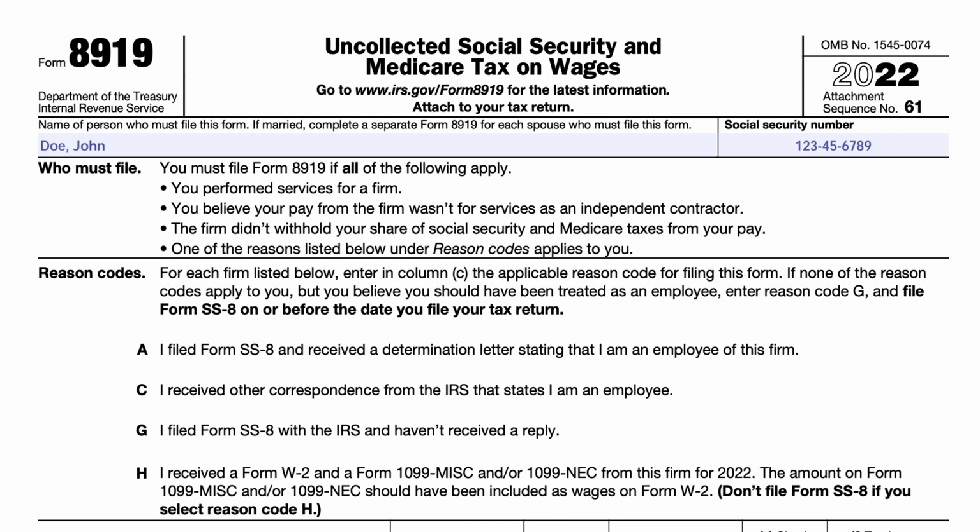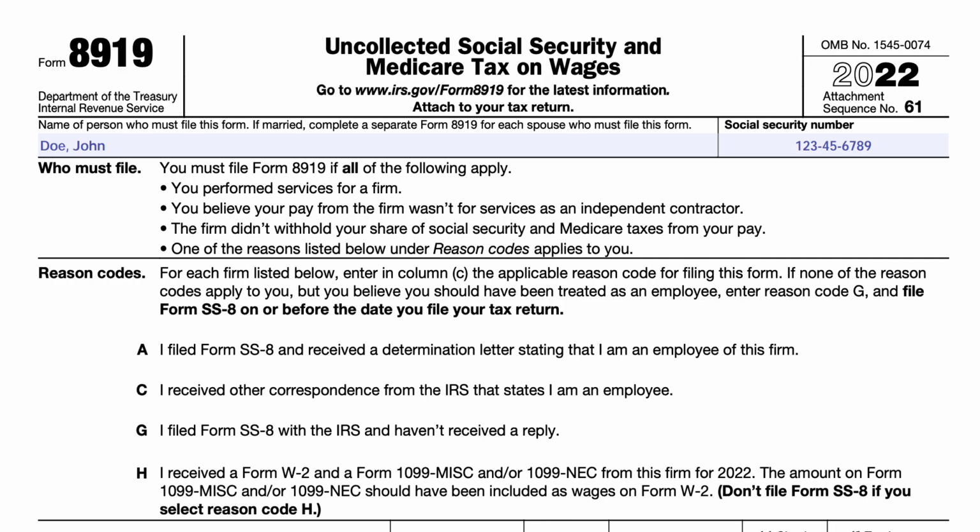We'll talk about reason codes in just a second, but you would not use this form if you actually did work as an independent contractor. Instead, you would complete Schedule C for your Form 1040, and then to calculate your self-employment tax, you will complete IRS Schedule SE.